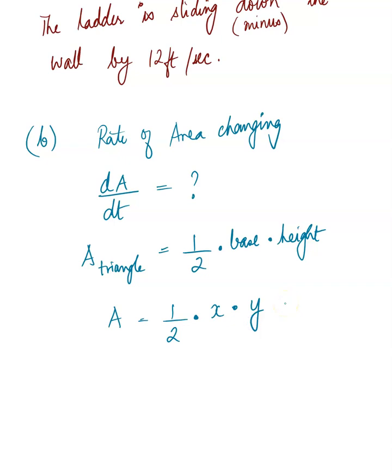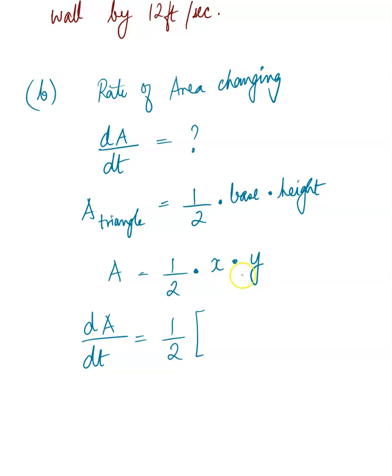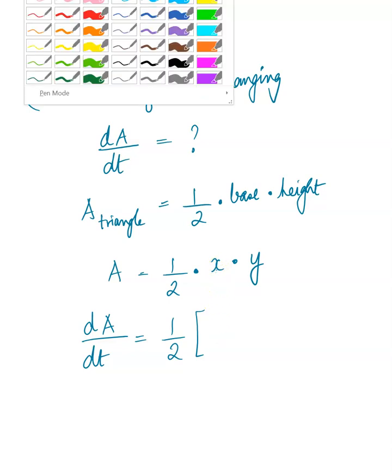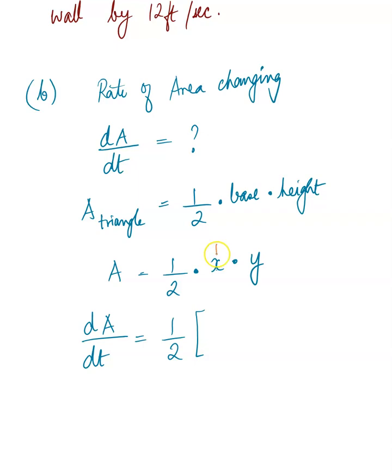Now let's go ahead and find the derivative. dA over dt is half. x and y are both differentiable with respect to time. Therefore, use the product rule and the implicit differentiation that goes with it. Let me write that out here for us. So this will be your u and this will be your v, right?